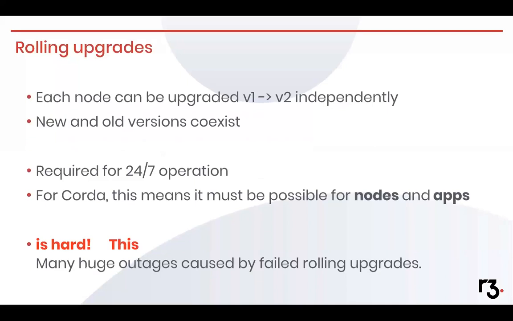And this typically crops up on the web, where browsers can't handle node outages of any kind. Basically, if a web server is offline, then the user gets an error. So to do any kind of upgrade, you need multiple web servers, and you need to spray traffic across them and then roll them from version 1 to version 2.